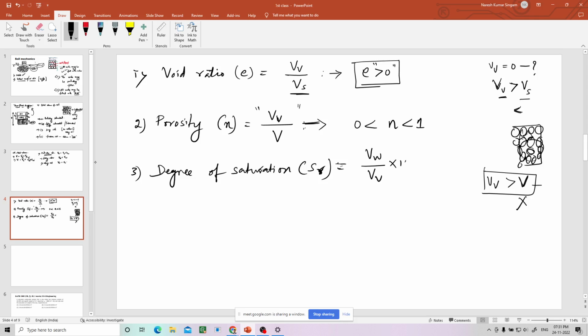Generally it is expressed in terms of percentage. Now tell me, if you are expressing it in terms of percentage, then in between which two values should it fall?